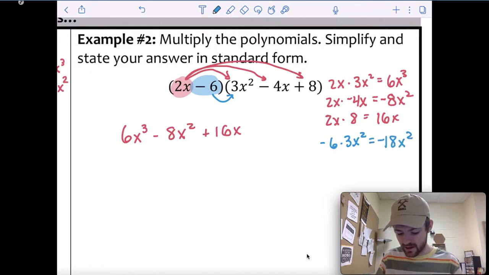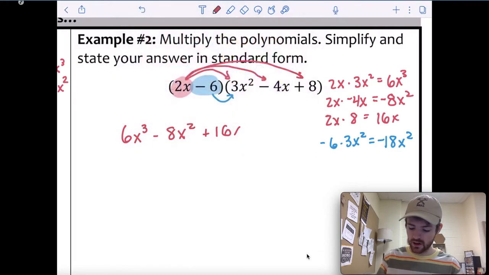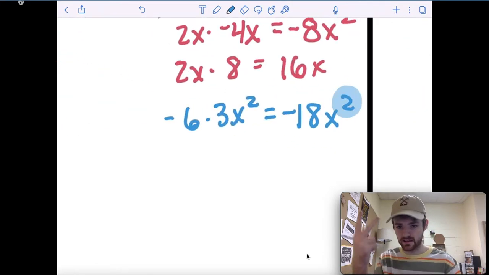Instead of writing it off to the side like this, we're going to stack it underneath the same degree term. So, oops, accidentally erased too much. Do you see here how this x has a squared exponent, has an exponent of 2?